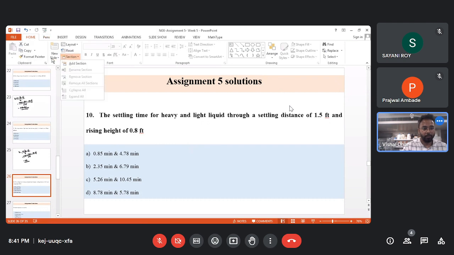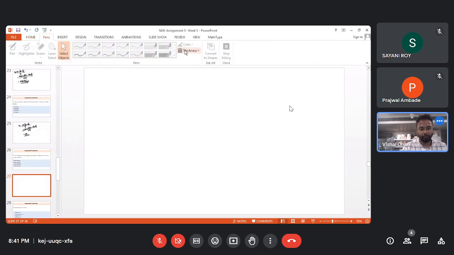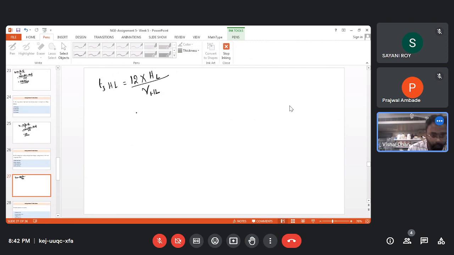Okay, let me solve it. The formula is T_SHL equal to 12 into H_L by V_HL, equal to 12 into 1.5 divided by 2.05, equal to 8.78 minute.